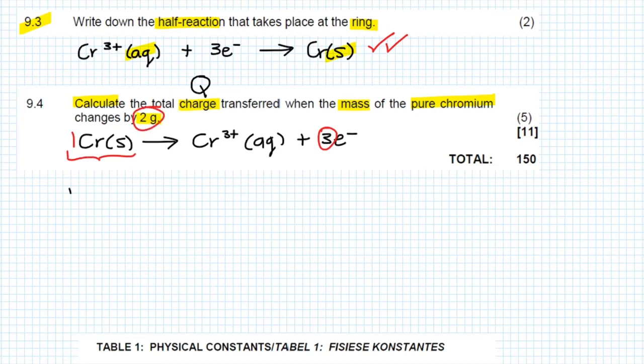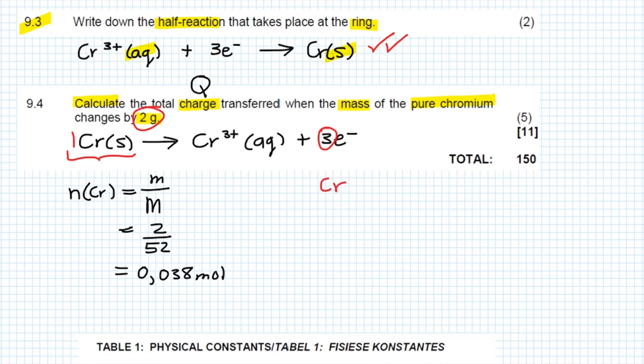So we say number of moles of chromium is going to equal the mass divided by the molar mass. That is going to equal 2 divided by 52. The molar mass of chromium is 52, giving us an answer of 0.038 mole. Now we can use this number of moles to determine the number of moles of electrons.